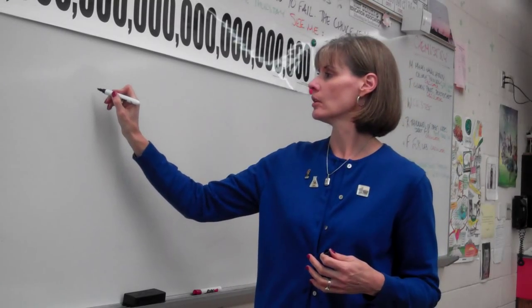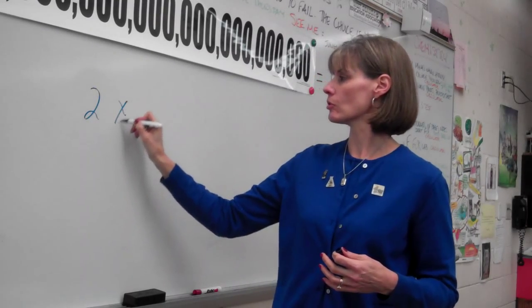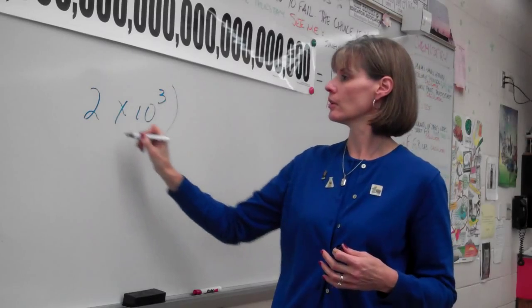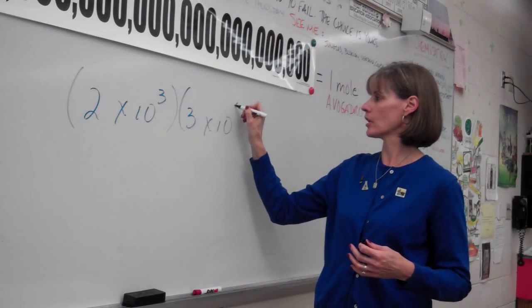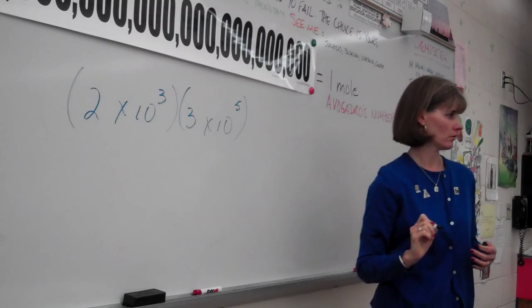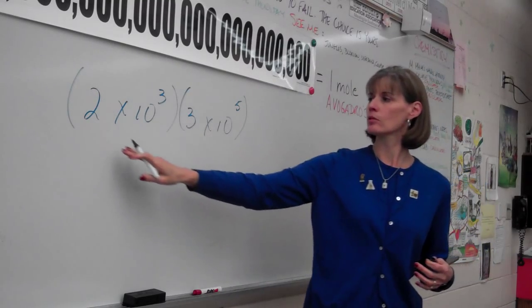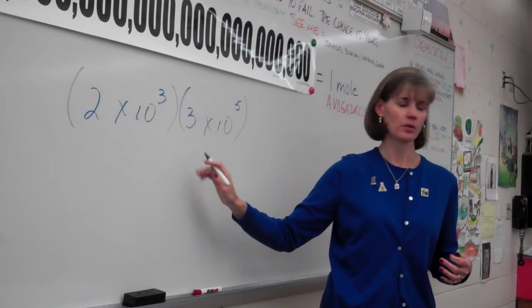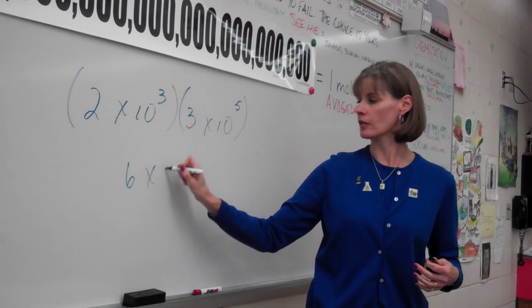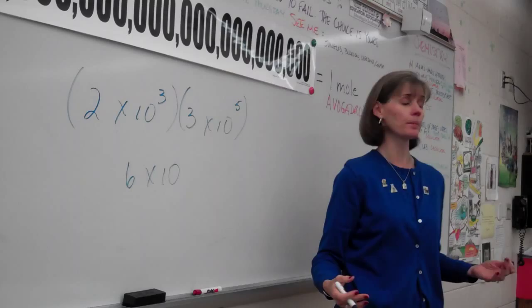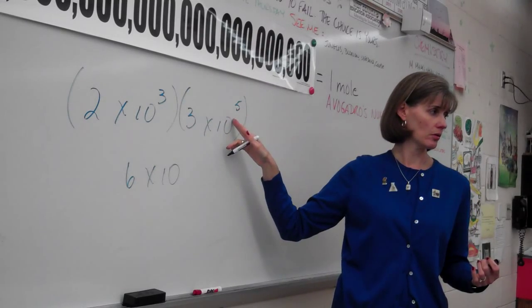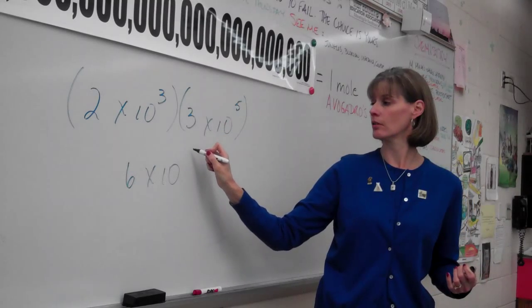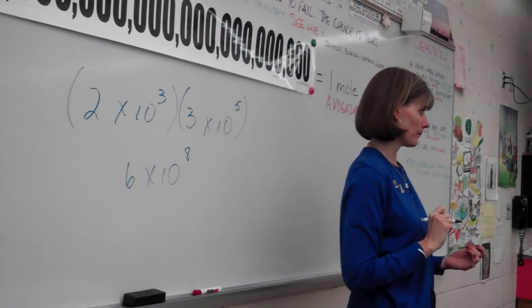So say we have 2 times 10 to the 3rd, and we're multiplying that by 3 times 10 to the 5th. Okay, well we know 2 times 3 is 6, and this is going to be times 10 to the something. So we're multiplying, so we're going to add our exponents. 3 plus 5, 8, right?